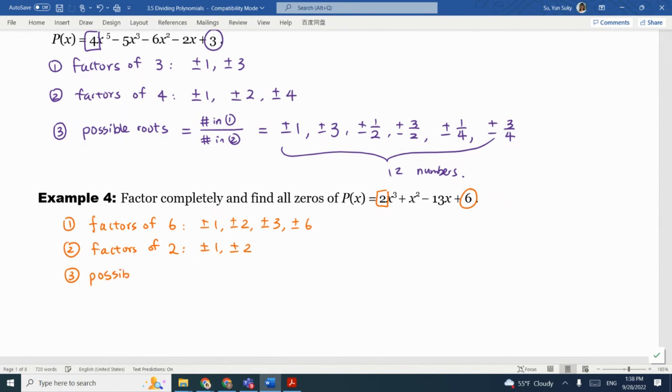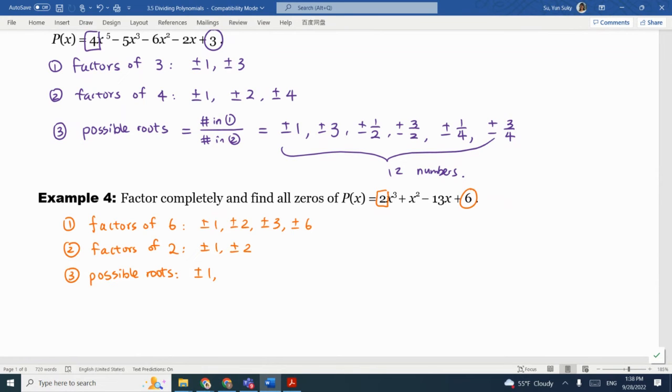Okay, what are the possible roots? We use the numbers in step 1 divided by the numbers in step 2. Plus or minus 1 over plus or minus 1 is plus or minus 1. Plus or minus 2 over plus or minus 1 is 2. When you divide all these numbers by plus or minus 1, you just get the same numbers.